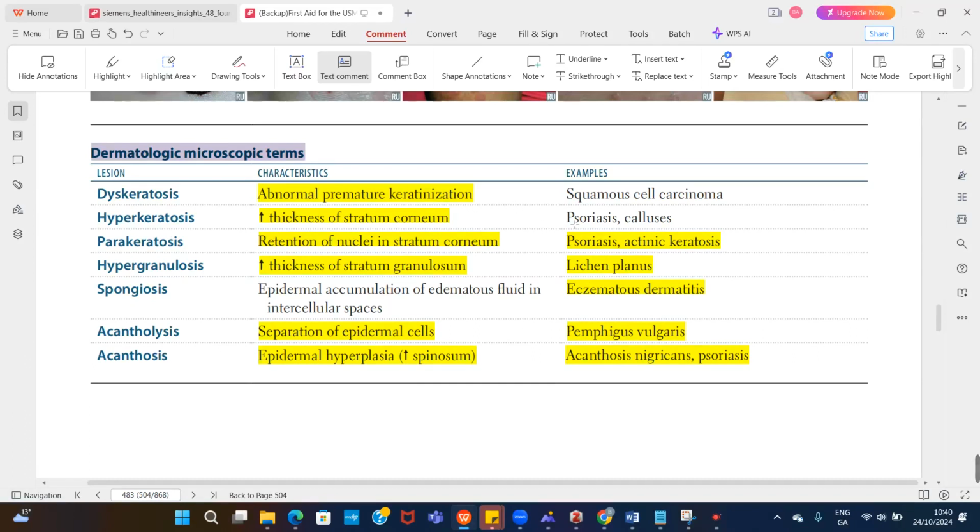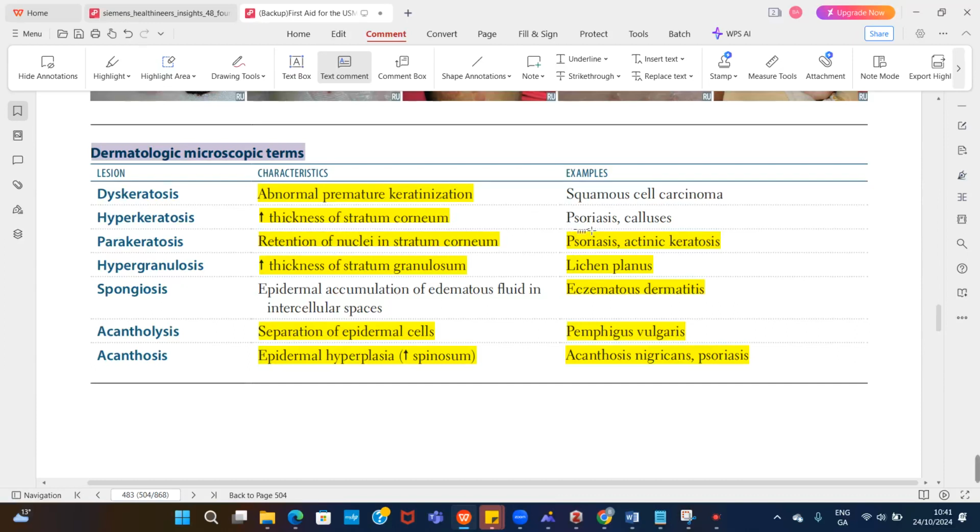You have to know it. We are being specific now: the stratum corneum, not the stratum basale, not the stratum spinosum, not the stratum granulosum, but the stratum corneum. An example of a disease associated with that is psoriasis.